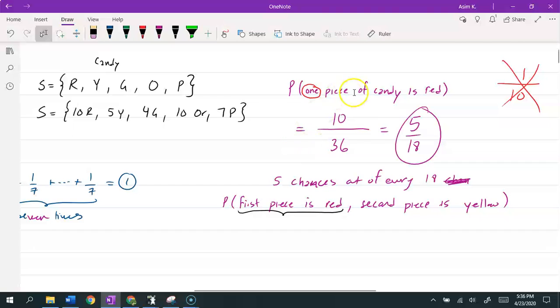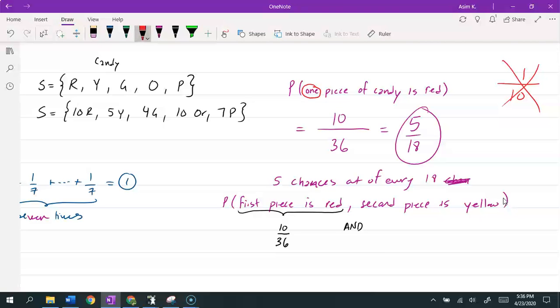The probability over here for the first piece being red was 10 out of 36. There were 36 pieces of candy, 10 of them being red. There was 10 chances out of 36 for that to occur. But then you're saying that you want the second one to occur as well. So you're implying that you want one thing to occur and the other thing to occur.